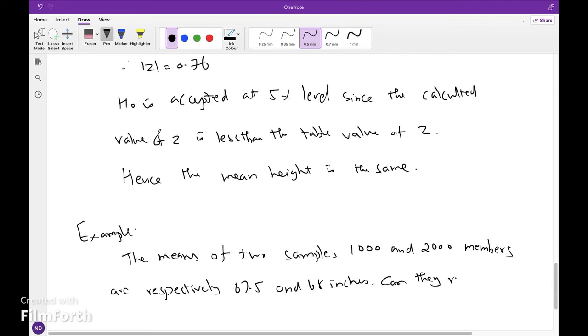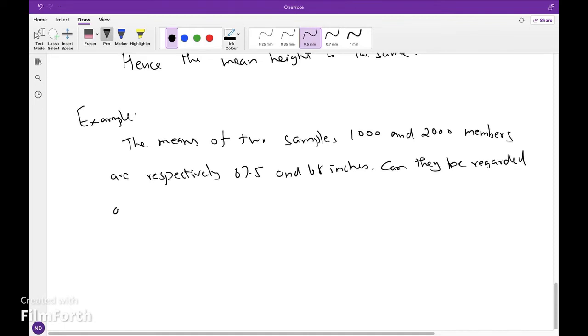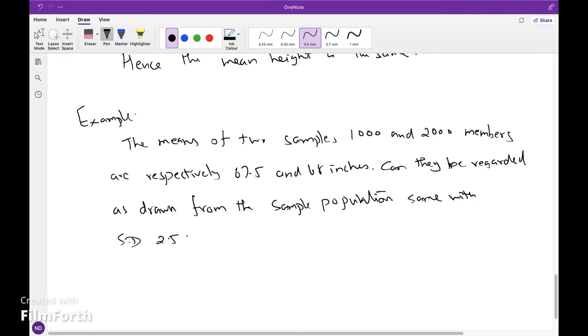Can they be regarded as drawn from the same population with standard deviation 2.5 inches?